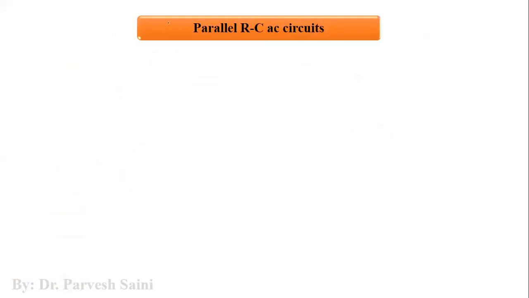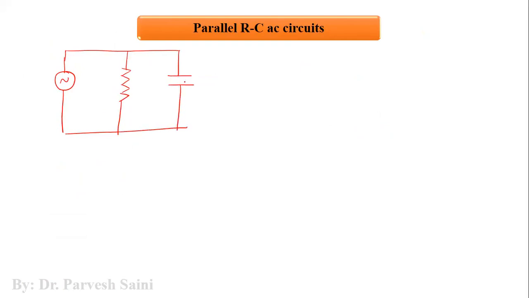Now, as the name suggests, a parallel RC AC circuit is the one in which there is a voltage source which is AC in nature, and two components, a resistance and a capacitor, are connected to one another in parallel across this voltage source. V is equal to Vm sine theta.